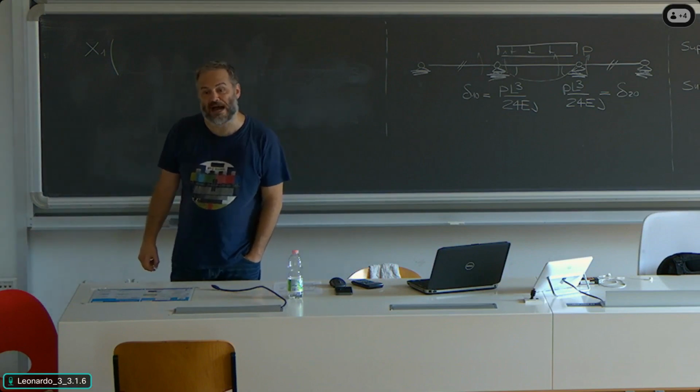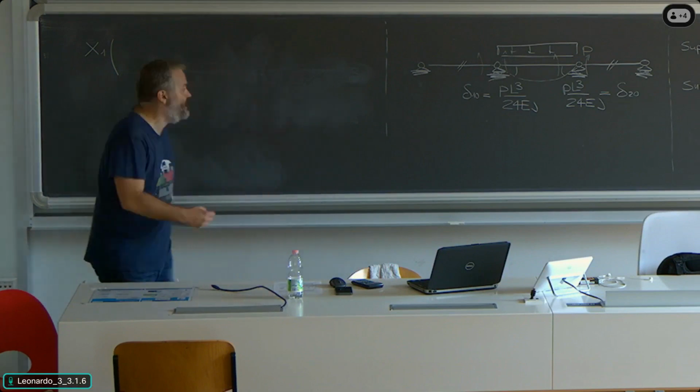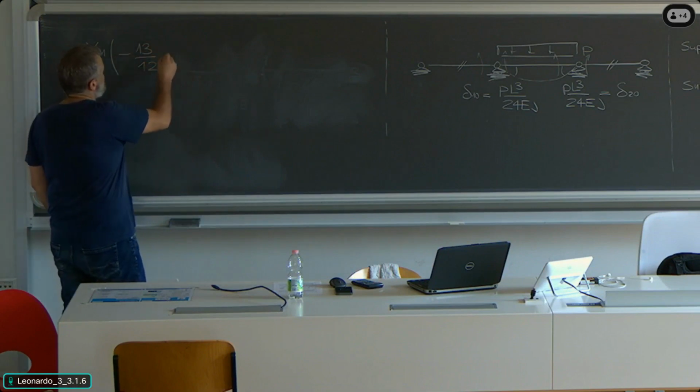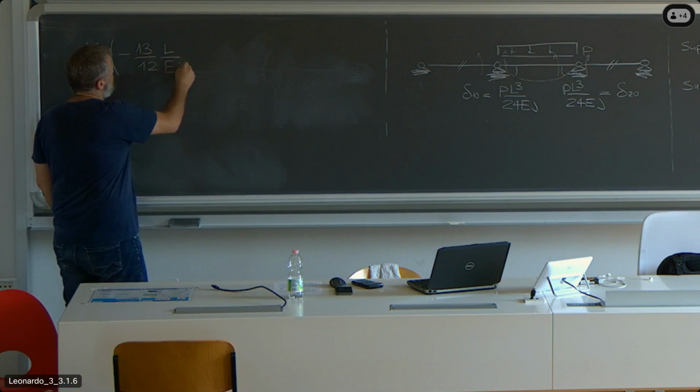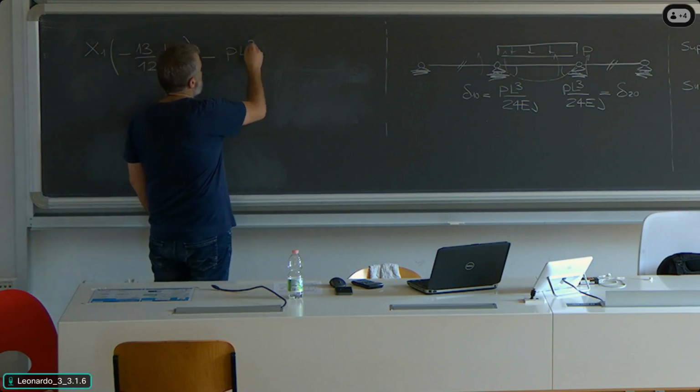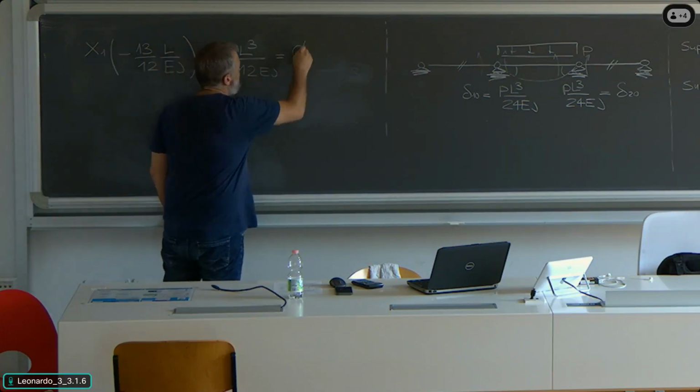What is it? Minus 13 over 12EJ. Minus PL3 divided by 12EJ equal 0.